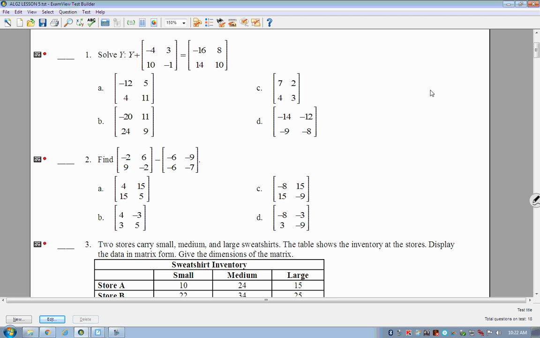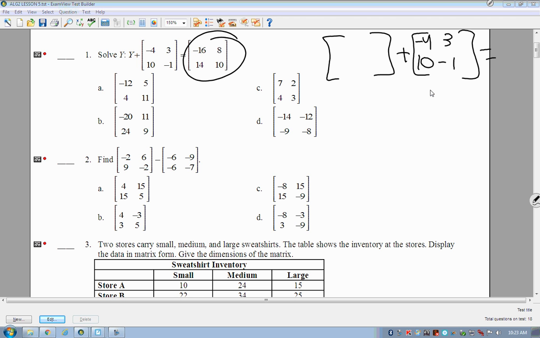Okay, so getting back to our stuff, this is one of the last things that you saw being addressed. Let's get to where I want to be. Okay, and this is a matrix equation. Essentially what we are saying here is that I have this blank plus -4, 3, 10, -1, and it equals this matrix right here.